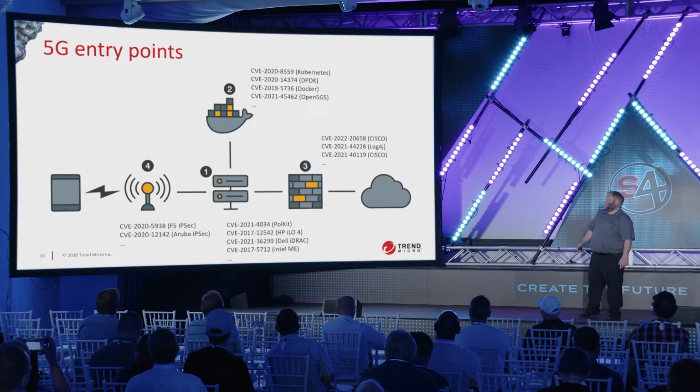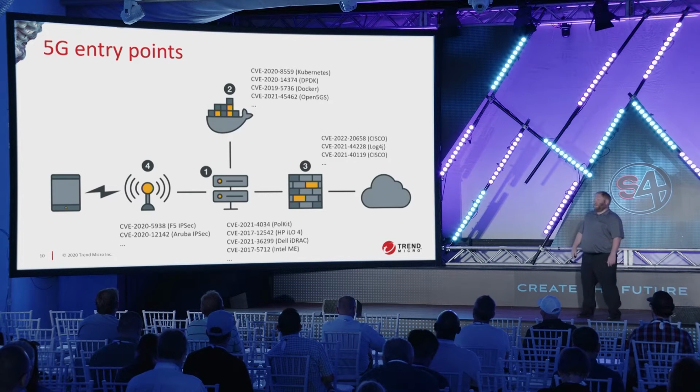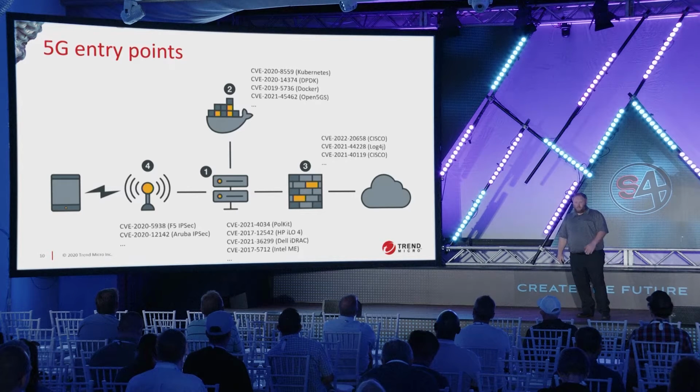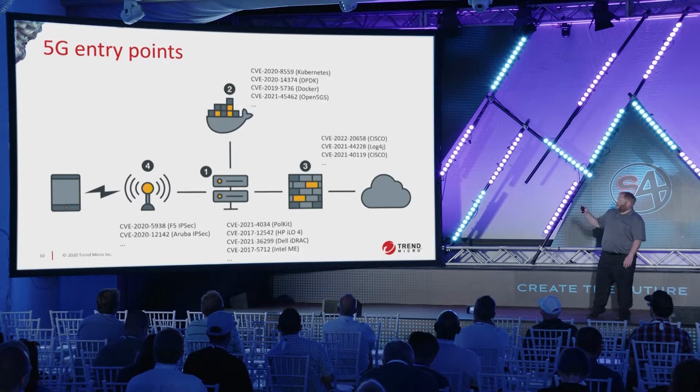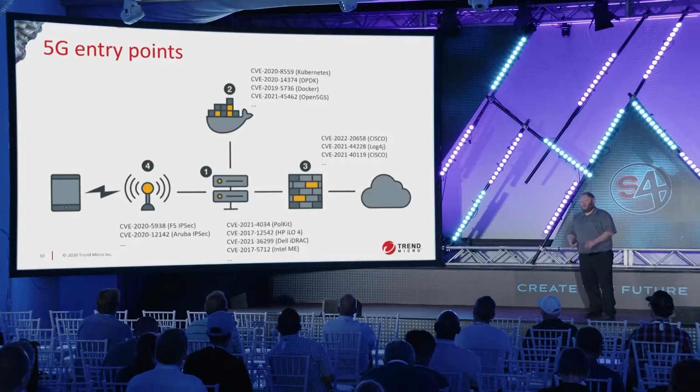The routing is now done through standard Cisco routers. So this is looking more and more like your standard IT kind of system now. The only new component really is your gNB. So you have the cellular node, essentially, and you have to make sure that those are up to date, on the latest firmware, with no vulnerabilities.